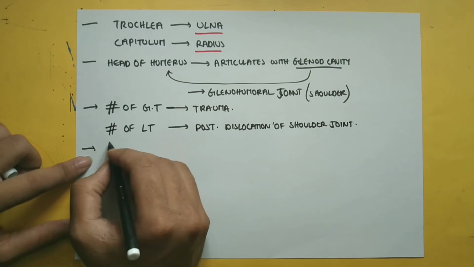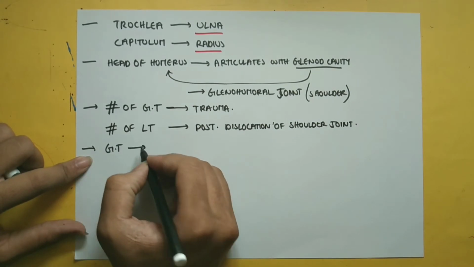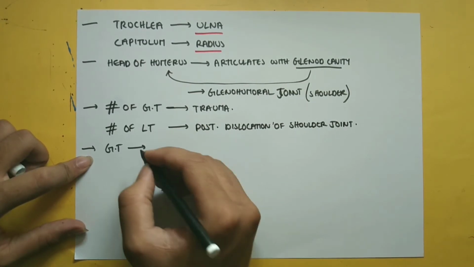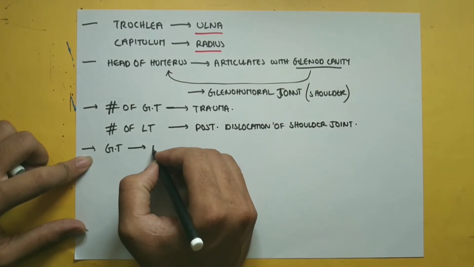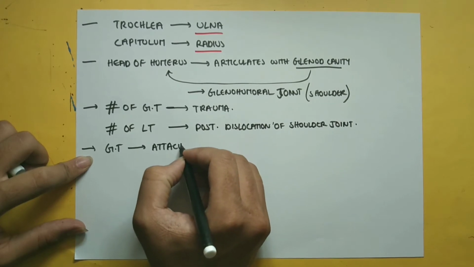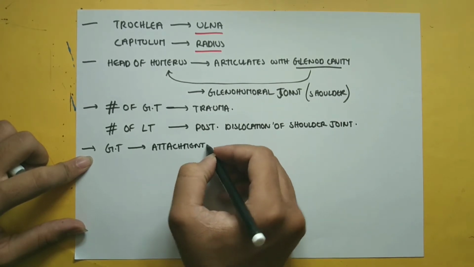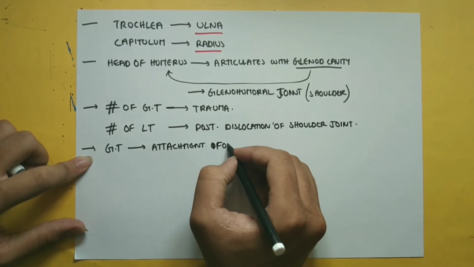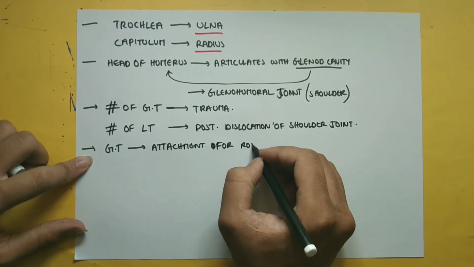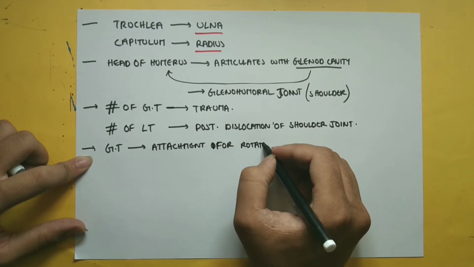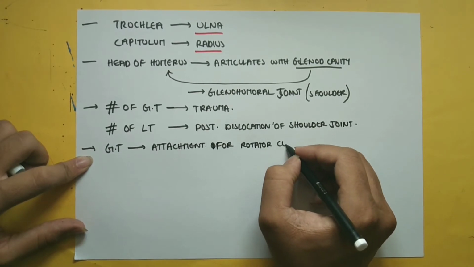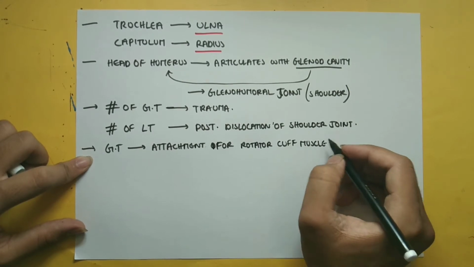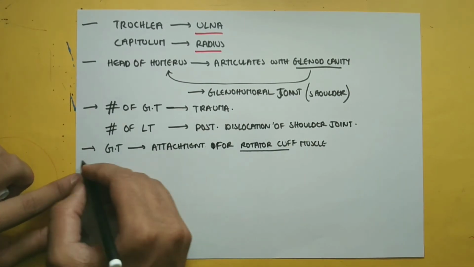So this greater tubercle gives attachment for some muscles, the rotator cuff muscles.